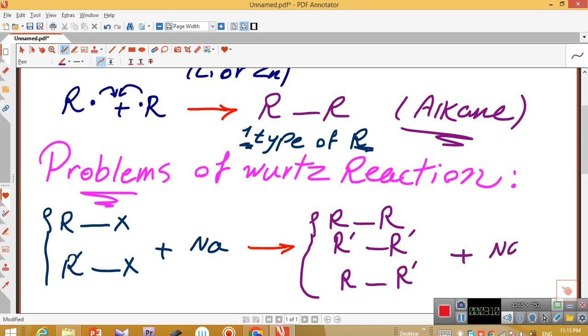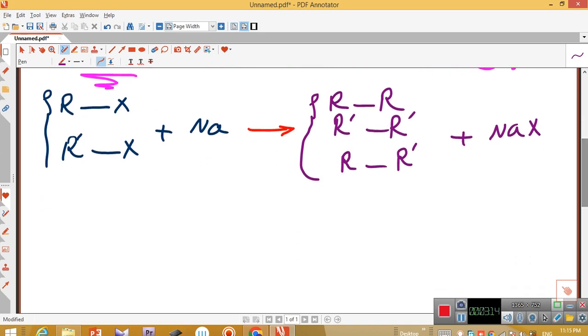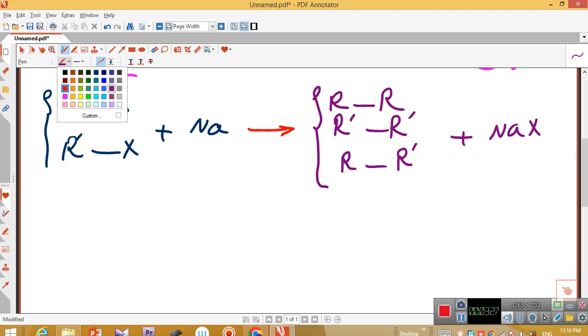So basically, my friends, this is a mixture of products, because in the starting material we did not have only one type of alkyl halide. Here we had two types of alkyl halide. So in products, we have three products.